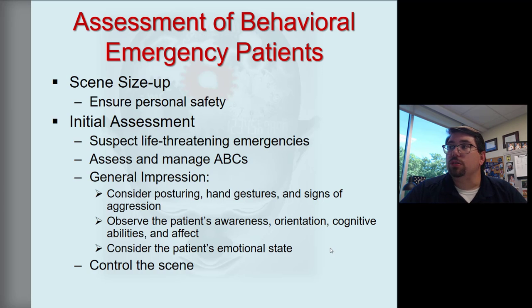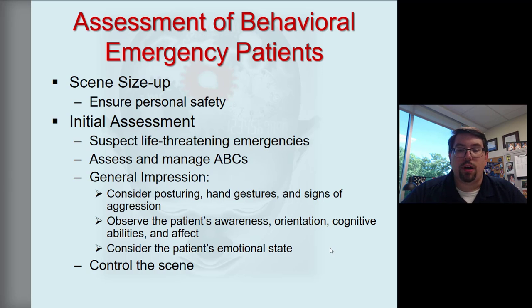We also know that we want to make sure that we're focusing on your general impression. The general impression is really going to give you the most information without actually just talking with your patient. We're wanting to pay attention to things such as posture, fear, maybe some confusion, any emotional response, rage, anxiety, as we try to be able to recognize that.